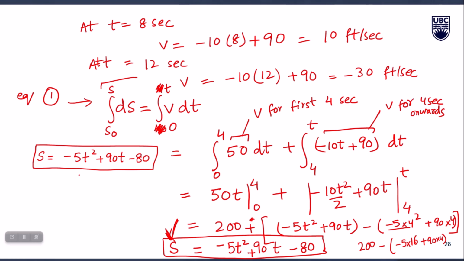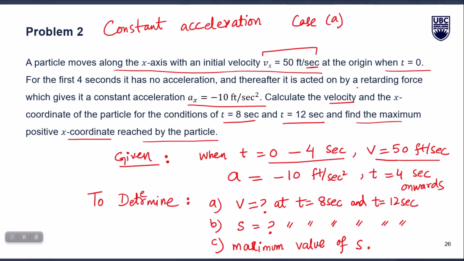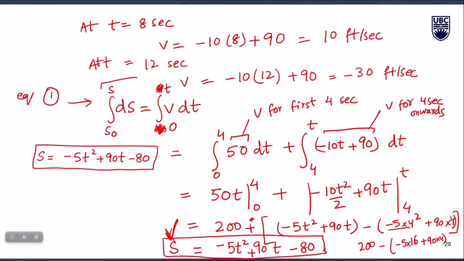You will get s equal to minus 80 feet, which first of all contradicts what was given in the problem statement. The problem statement says that at t equal to 0 the object is at the origin, which means it has no displacement, s equal to 0, right? So this equation seems to contradict the initial statement.